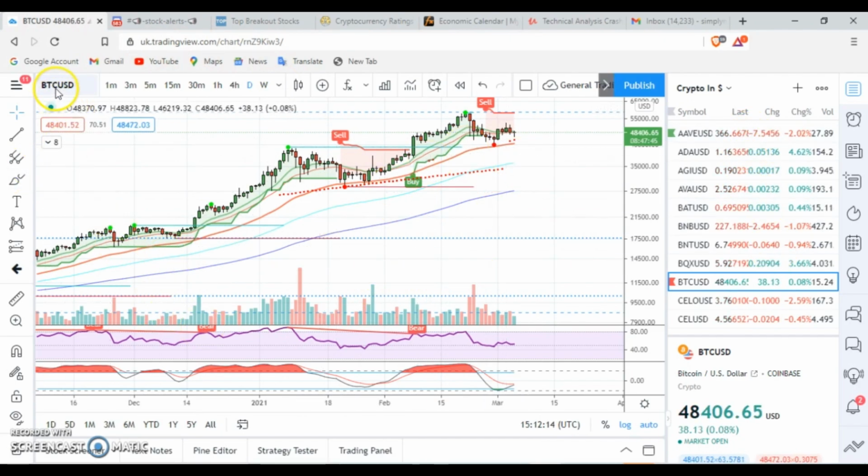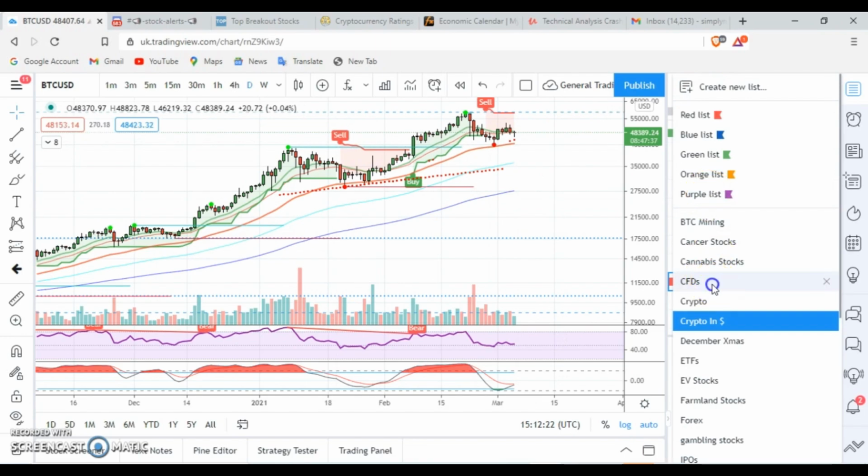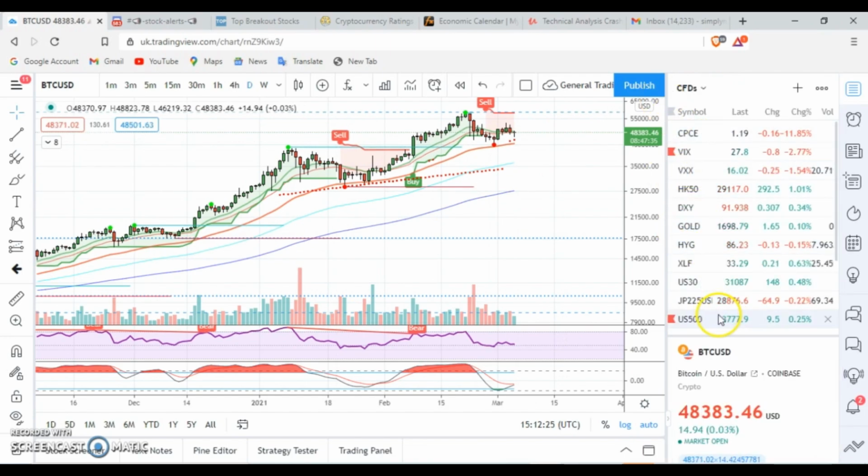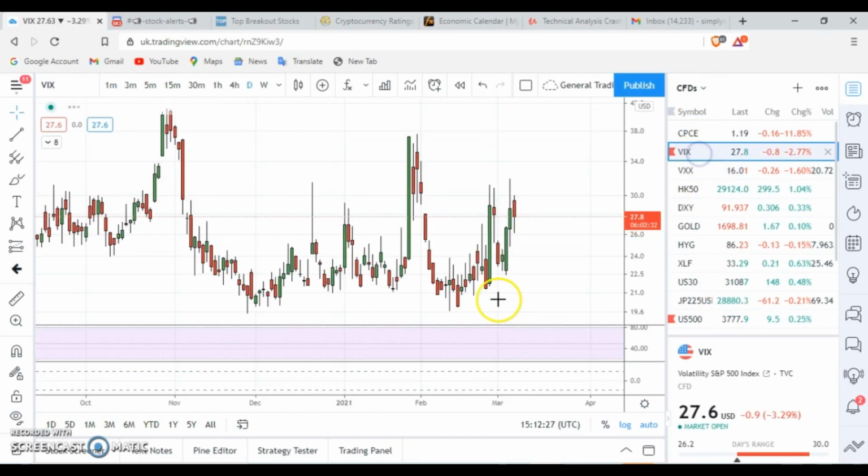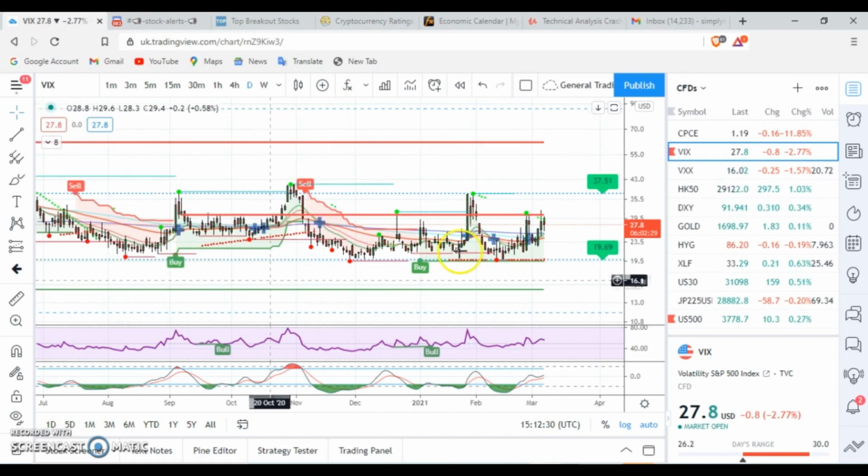It's got pretty much all financial instruments, whether it's cryptos, stocks, forex, CFDs, anything you want, like US 500, VIX. You can do all your technical analysis via this platform. I'll include a link in the description area of this chapter, and should you wish, you can sign up.